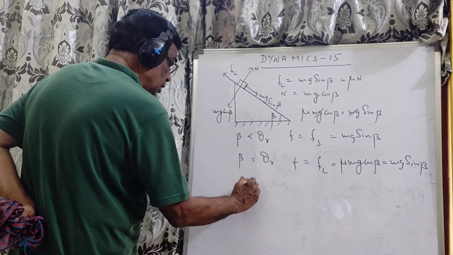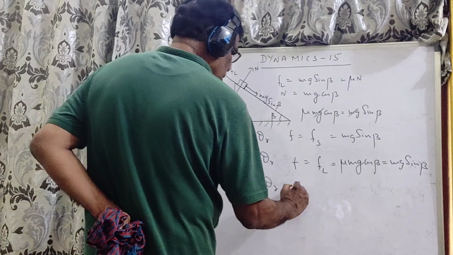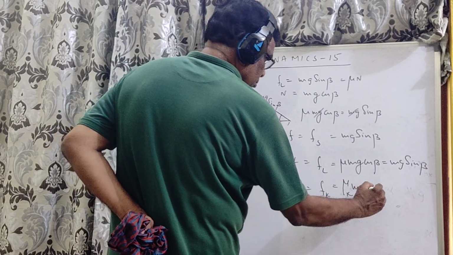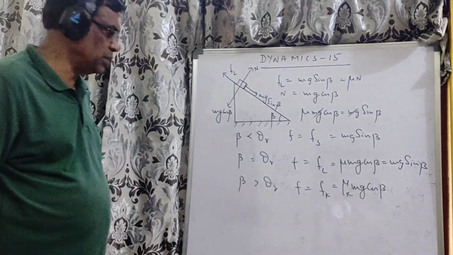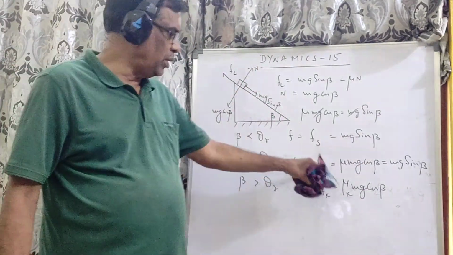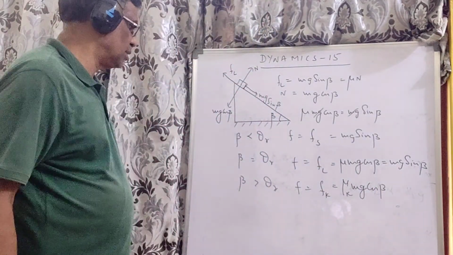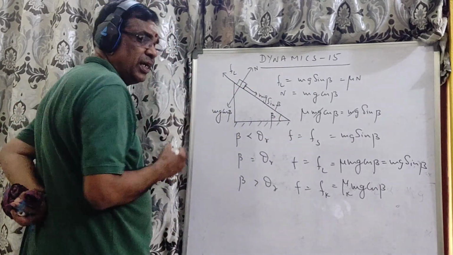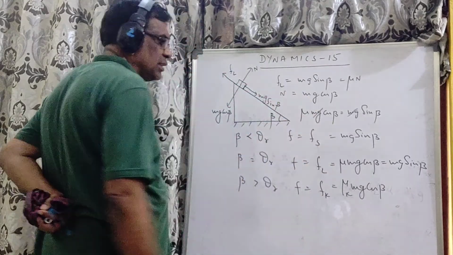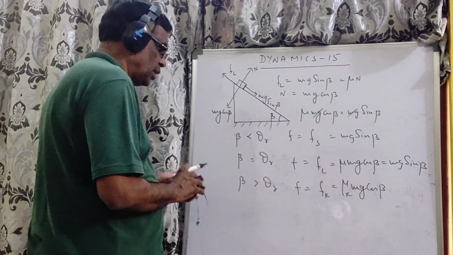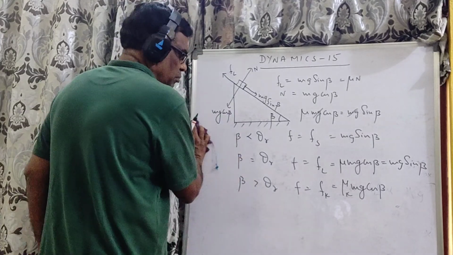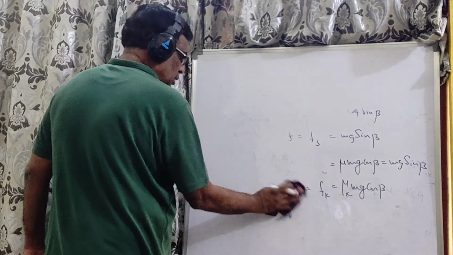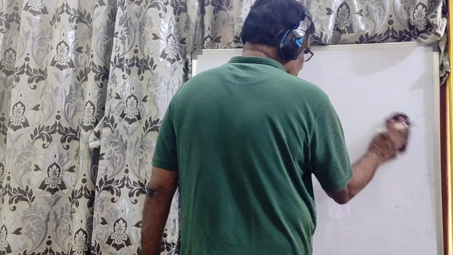But if beta is greater than theta, f is fk, mu mg cos beta. But you can't equate fk to mg sin beta, okay? What happens then? mg sin beta is more, fk is less, so the body will accelerate down. That also I will deal with a little while from now. I hope this is clear to you now. This is the most simple of all the cases.